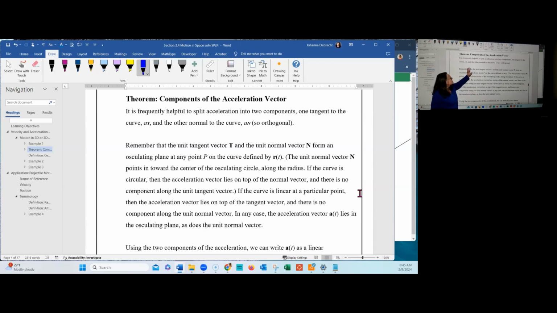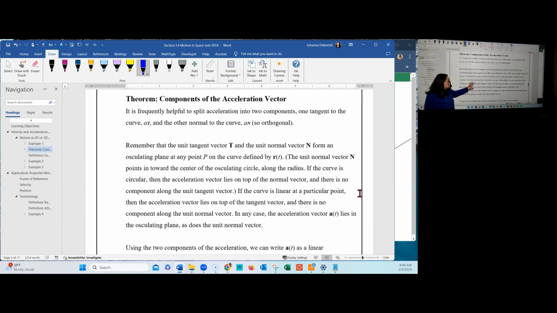So we want to split it into two components, a sub t, one tangent to the curve, and a sub n, one along the normal, so orthogonal to the curve at that point. Now remember that the T and the N form that osculating plane with the osculating circle at a particular point on the position vector. The binormal is orthogonal to both, which gives us our third dimension, right?